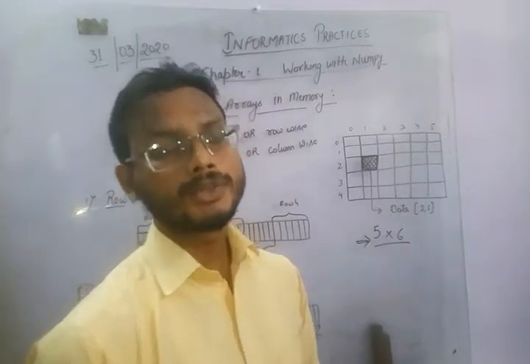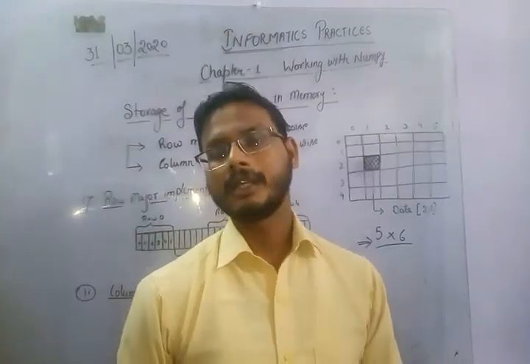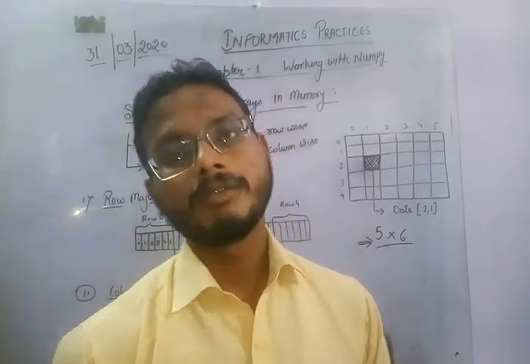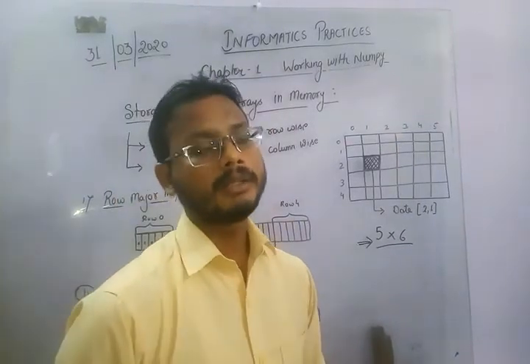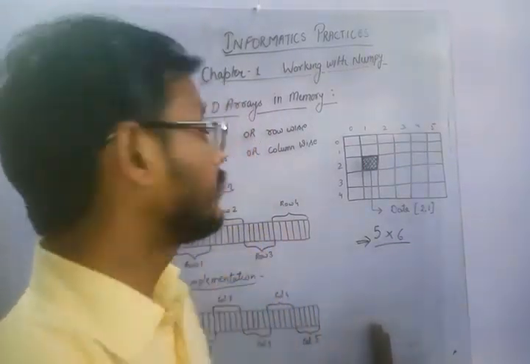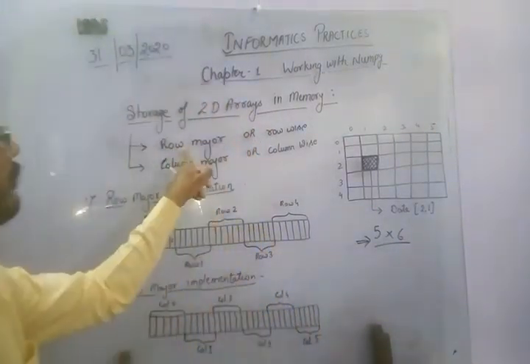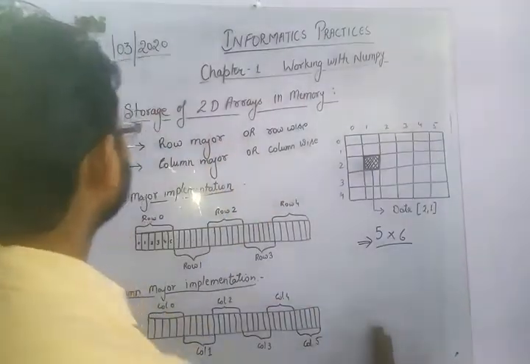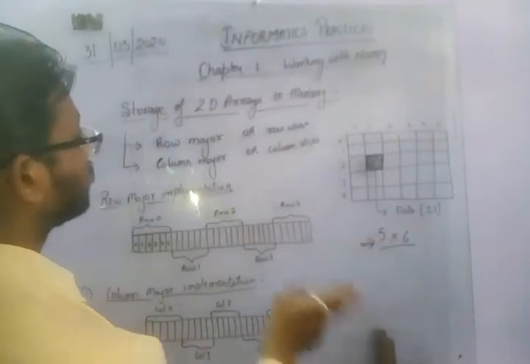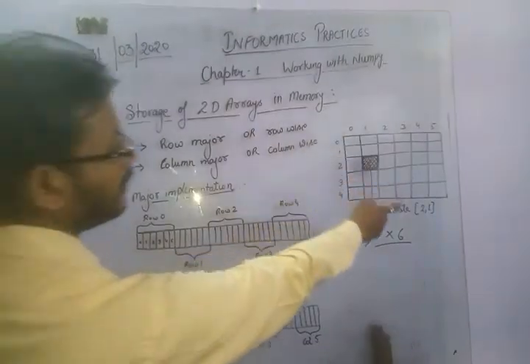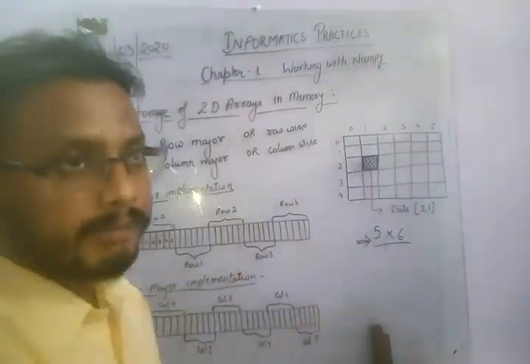So to store it, we can use two ways, that is row major or row wise, and column major or column wise. These are the two ways through which we can store our two-dimensional array in memory.